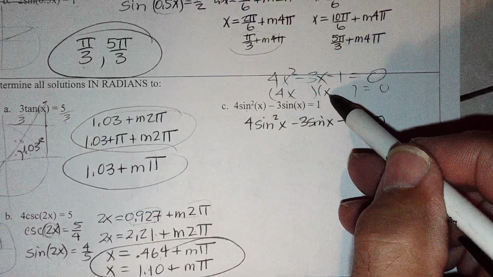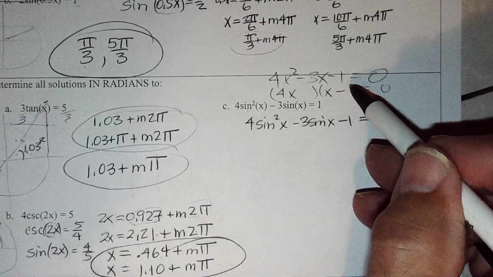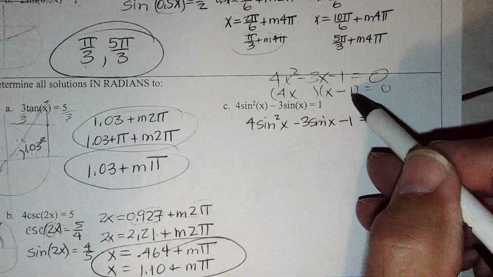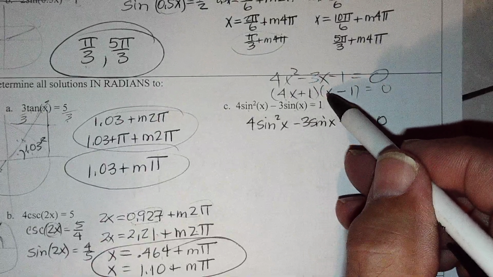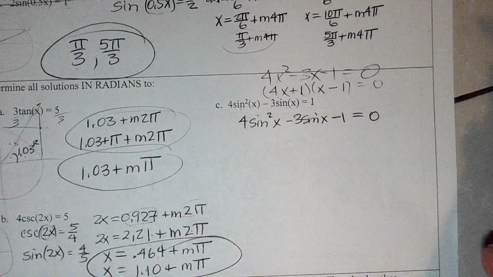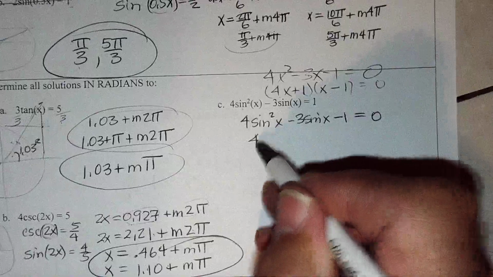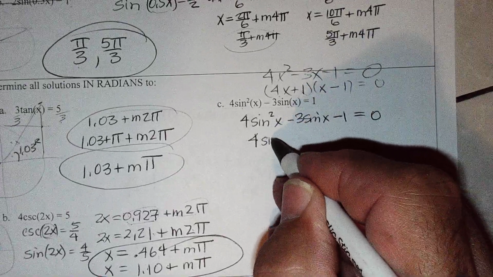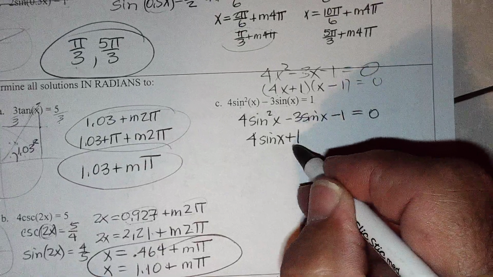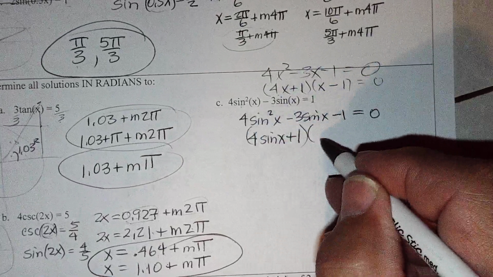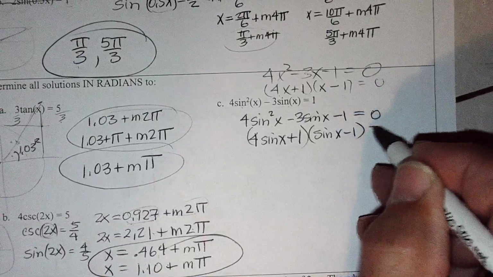This factors 4x and x. And if I put minus 1 here, I get minus 4x's, and plus 1 here, I get plus 1x, which is minus 3x. So I have 4, it's not really x, it's sine x plus 1 and sine x minus 1.